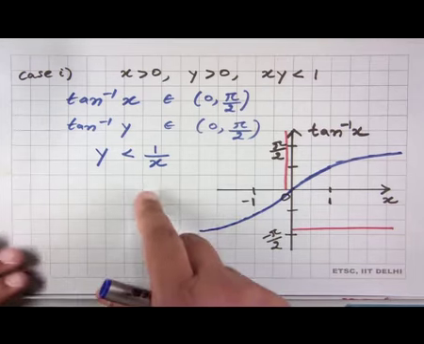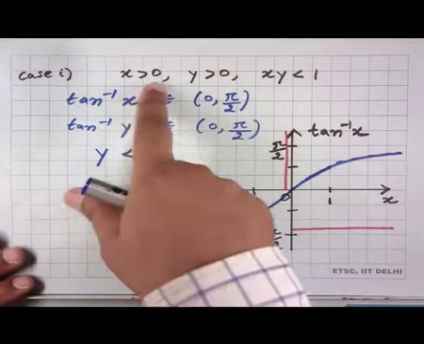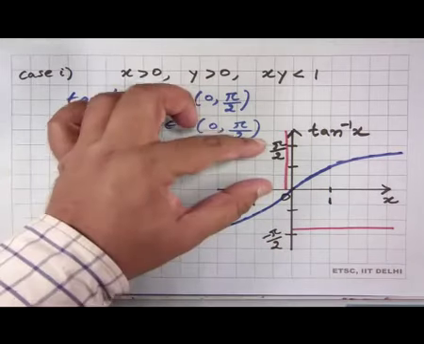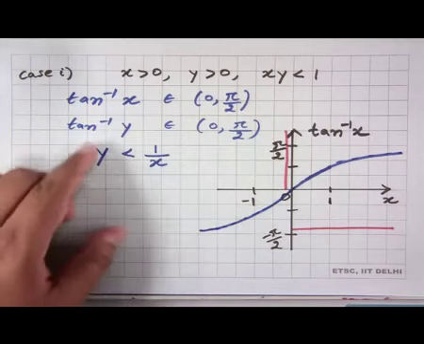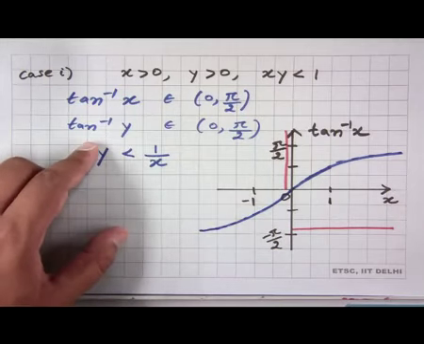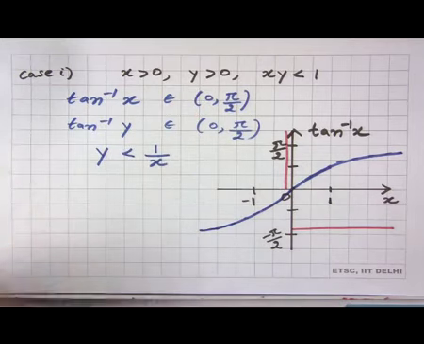That is why when x is greater than 0, tan inverse x will belong to this interval from 0 to pi by 2, and the same is true for tan inverse y. Because y is positive, tan inverse y will also belong to 0 to pi by 2.